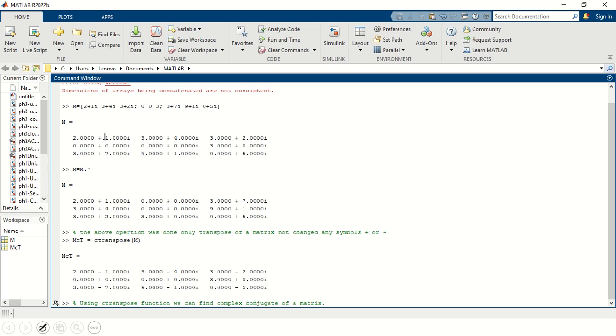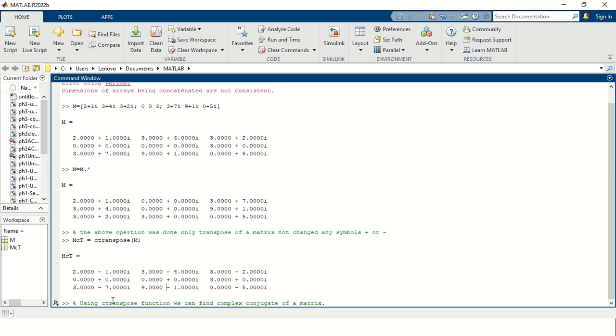See, the complex conjugate of 2 plus 1i is 2 minus 1i, 3 plus 4i means 3 minus 4i, and 3 plus 2i means 3 minus 2i. This is 0, this is 0, and 3 stays 3. These are real values, right? And where there is a complex value, plus becomes minus, and 5i becomes minus 5i. So this is the complex conjugate transpose.